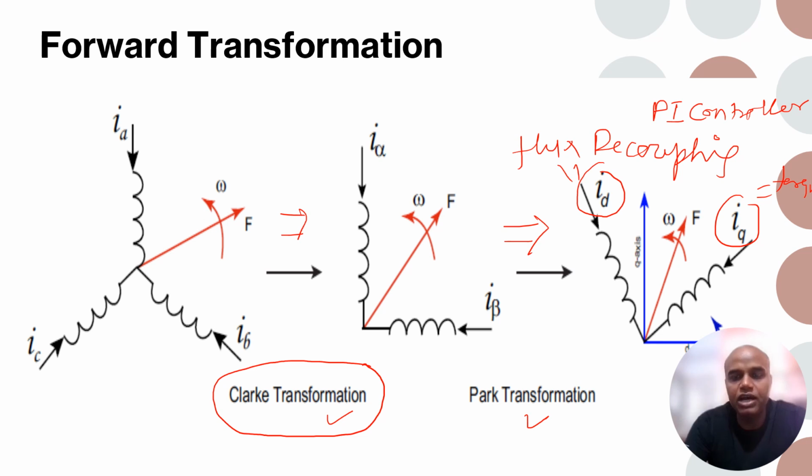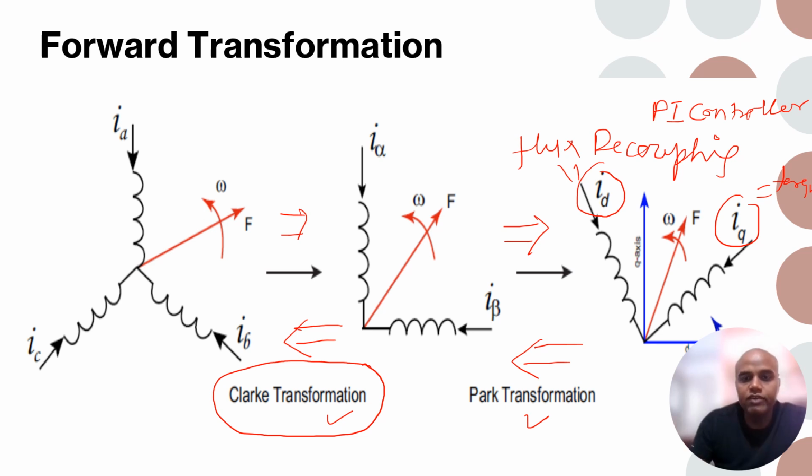So after the PI controller, we have to do the reverse transformation. In the reverse transformation, first the Q and D axis need to be converted back into the alpha beta frame, and then from the alpha beta frame we need to convert back into the three-phase value. I hope we have understood why we have given the names forward transformation and reverse transformation.